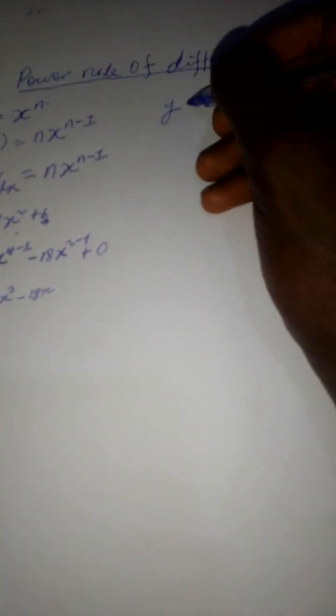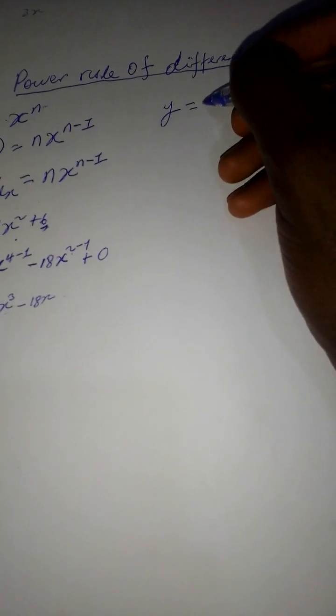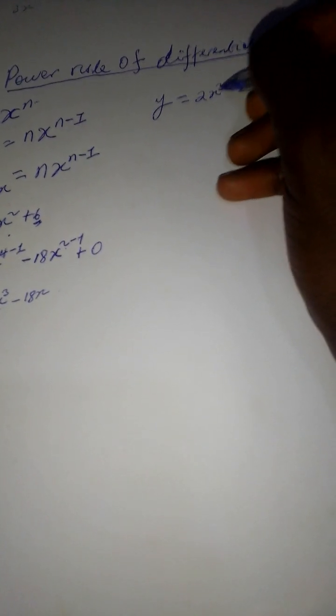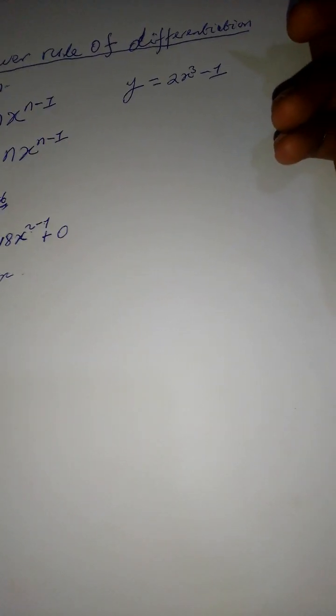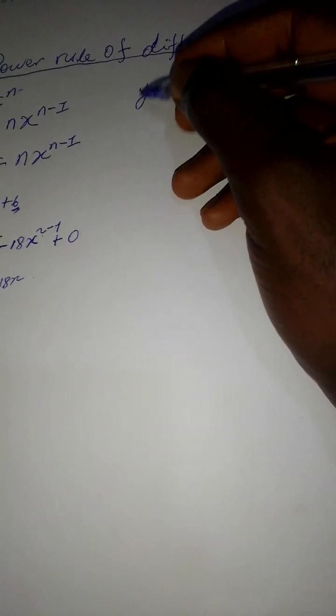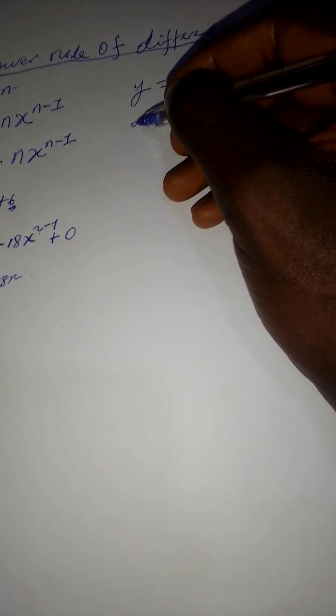Now let's take another example. Let's say we have the function y to be equal to 2x cubed minus 1. What will we do with this? What we do is differentiating y gives us 1.